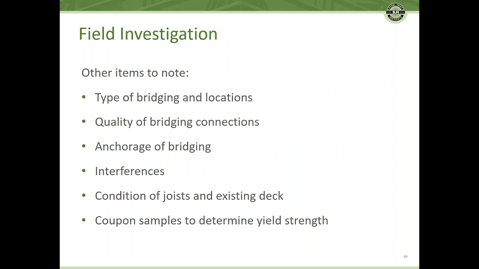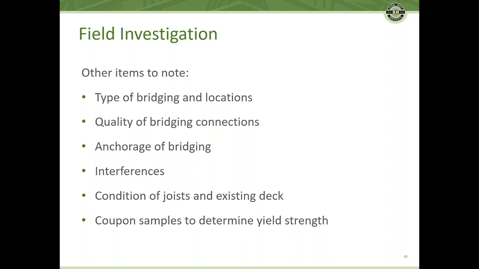Other items to note is keep track of the types of bridging and where the locations are, the quality of the bridging connections, and the anchorage of the bridging, and then any interferences, either with the bridging or with other trades, whether it's ducts or mechanical or electrical work.